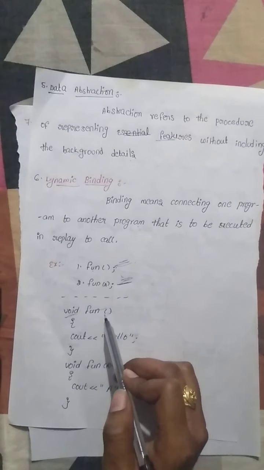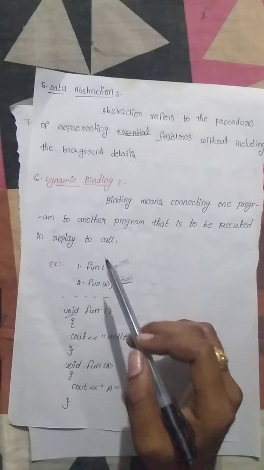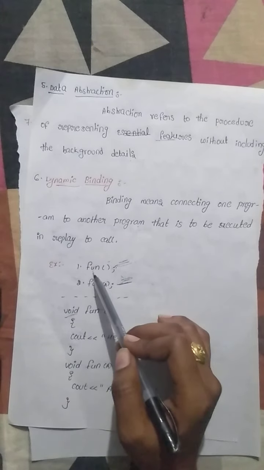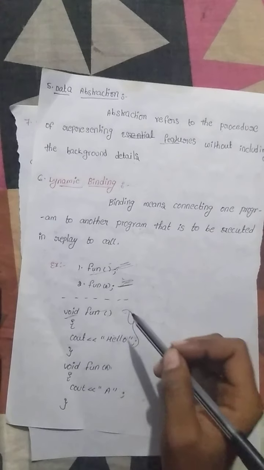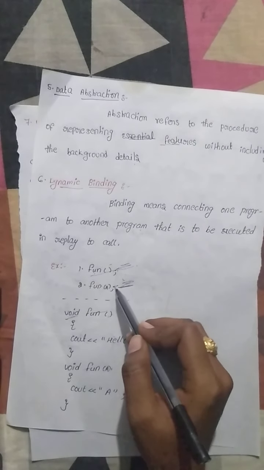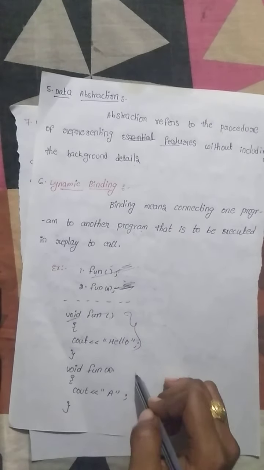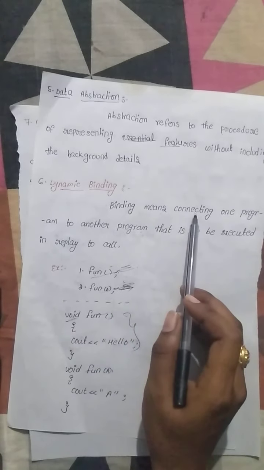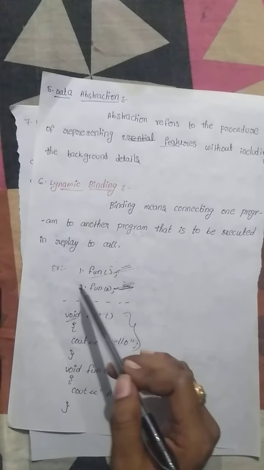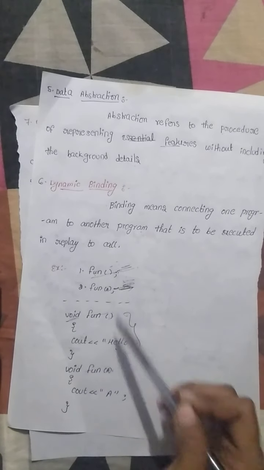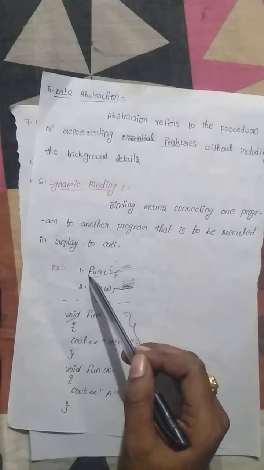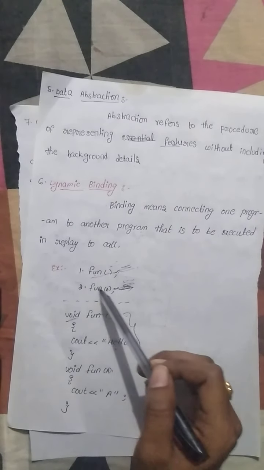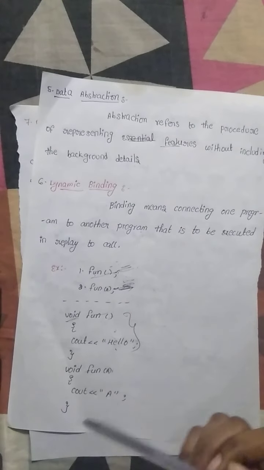By executing the object's call to function 1, this part will be executed, and when the object calls the function with parameter, this part will be executed. So binding means connecting one program to another program that is to be executed in reply to a call.